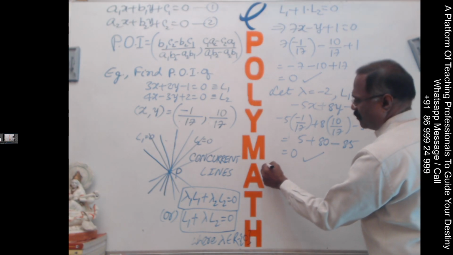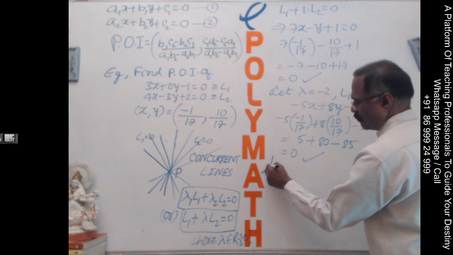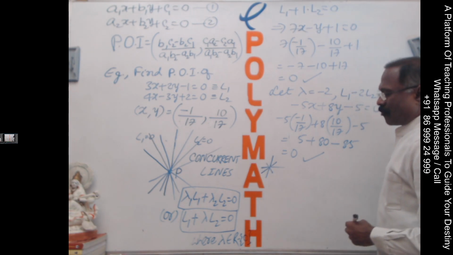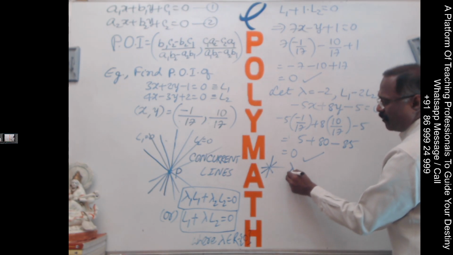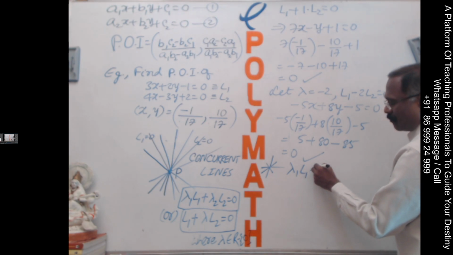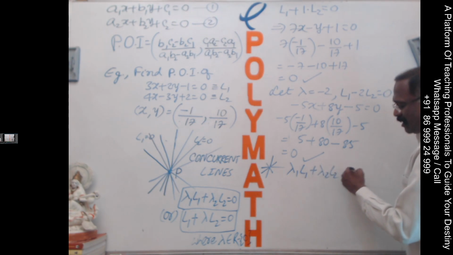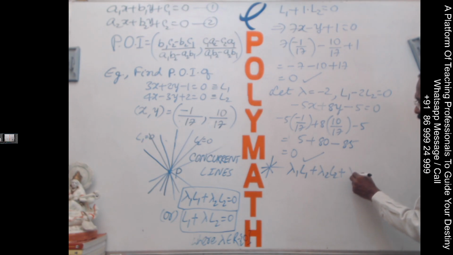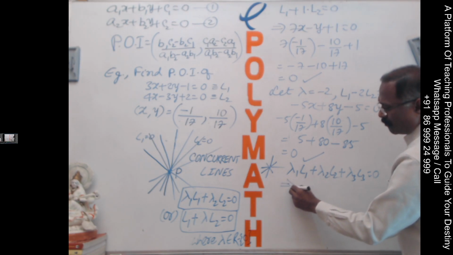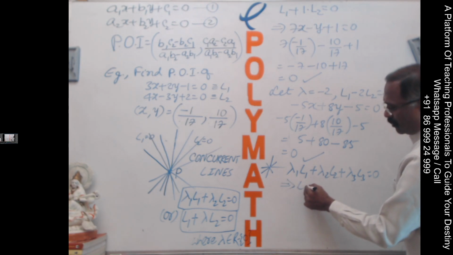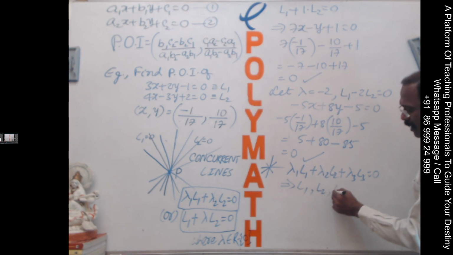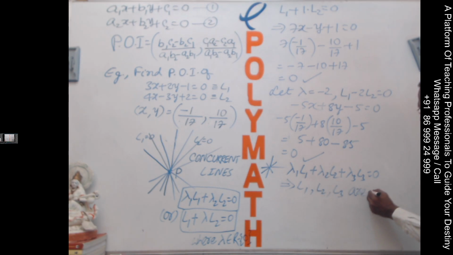Three lines, important please. Lambda 1 L1 plus lambda 2 L2 plus lambda 3 L3 equal to 0 implies L1, L2, L3 are concurrent.